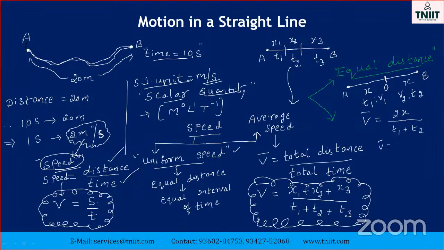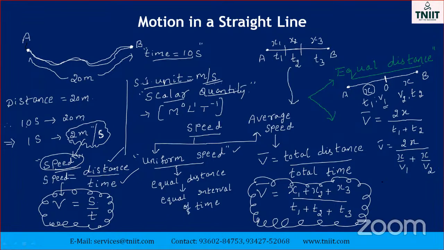Now, t1 is taking for a distance of x and for the velocity v1. So time is nothing but distance by velocity. So t1 is x by v1 plus t2 is x by v2.